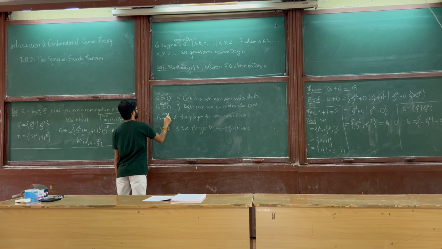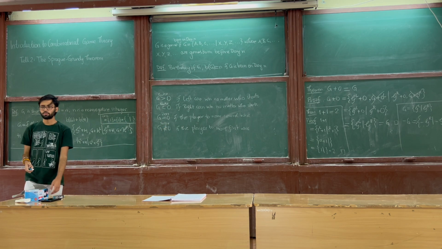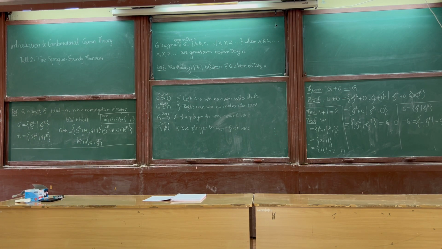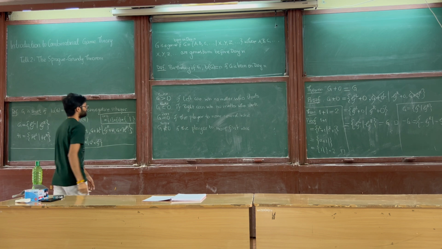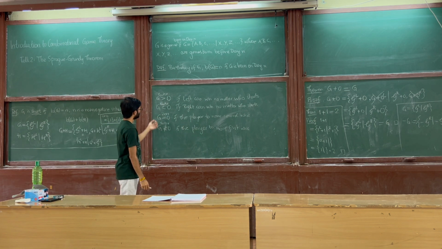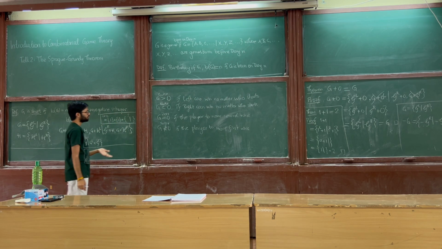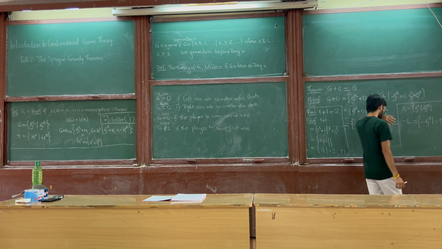This we call 0, and this we call fuzzy. Okay. So we have these four. As I mentioned in the last class, we give a partial order to the set of all games, and this is how the partial order works.